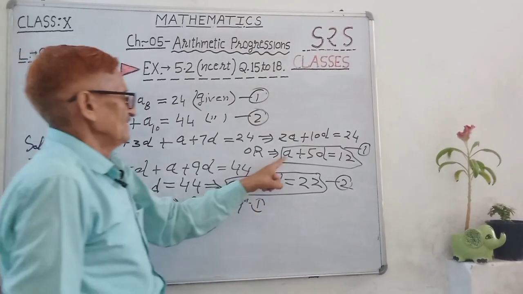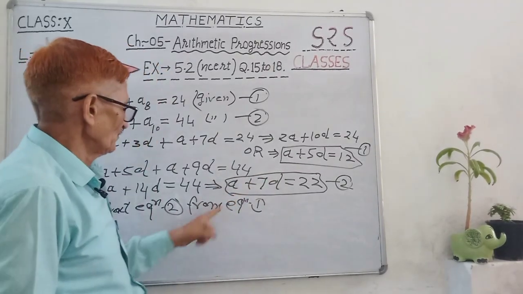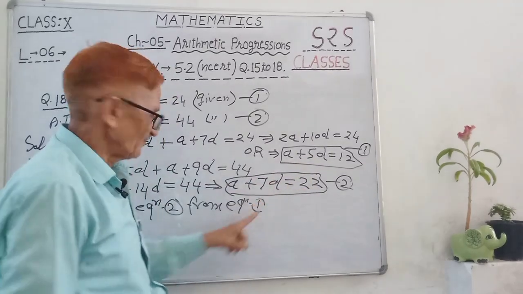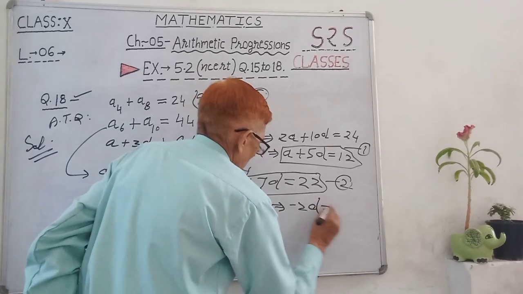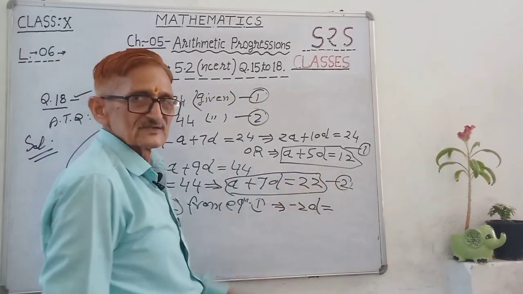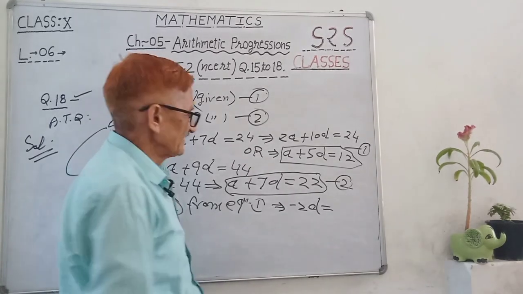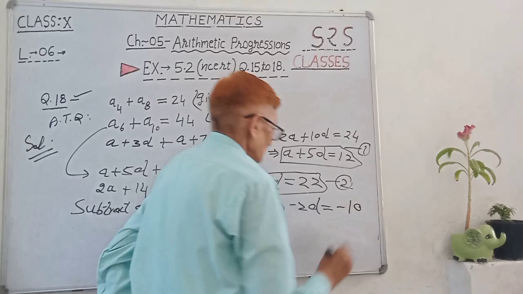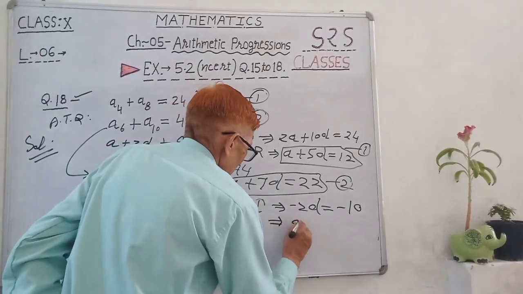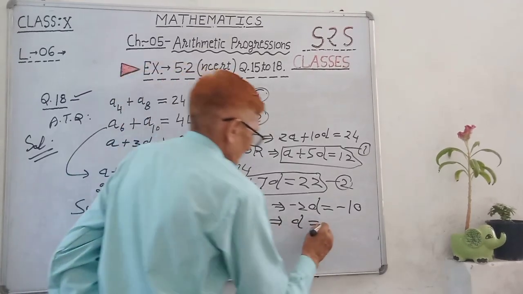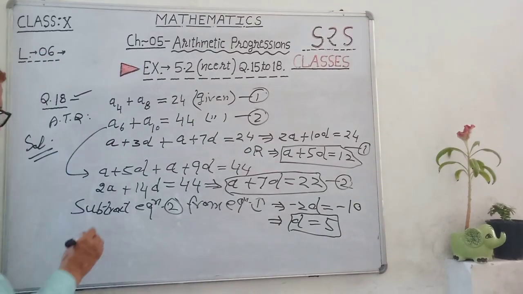A minus A cancels out. 5D minus 7D is minus 2D, is equal to 12 minus 22, minus 10. Clear? Then minus minus cancel, then divide by 2, then 5. D is 5.